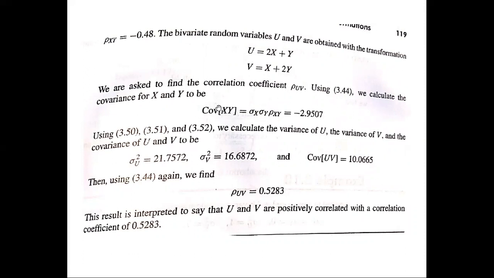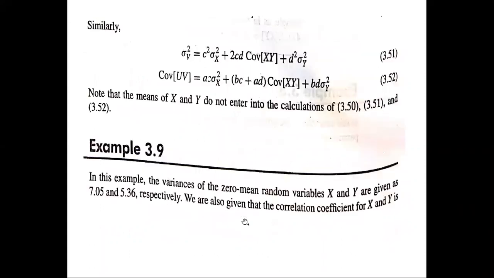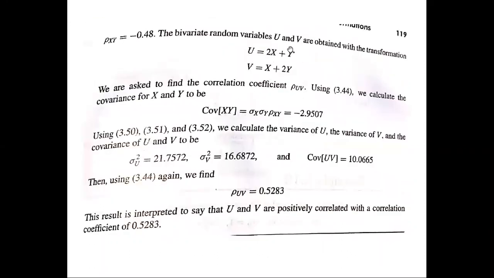So having found the covariance here, the variance of u and v have to be found out. So variance of u can be found out from the relation which is already given over here. Okay, so a squared sigma x squared plus 2ab covariance of xy plus b squared sigma y squared. So what is a and b? A is 2, b is 1, and the value of sigma x squared is given as 7.05.